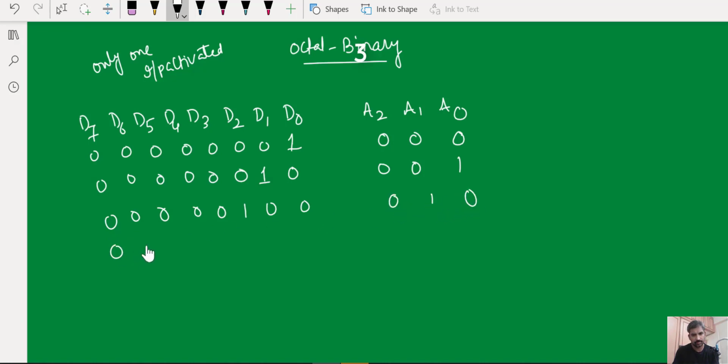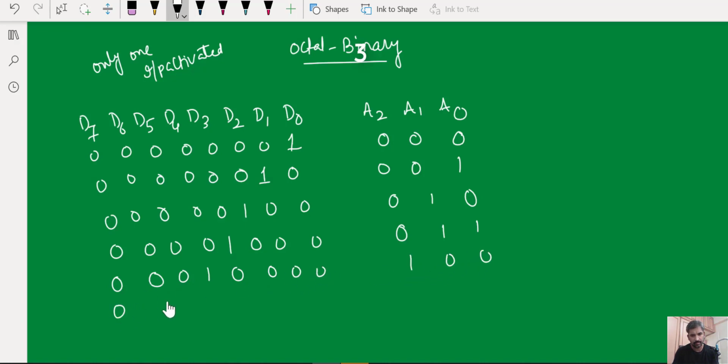Then D3 will be 0 1 1, and D4 will be 1 0 0. Then D5 will be 1 0 1, and D6 will be 1 1 0, and finally D7, which gives 1 1 1.